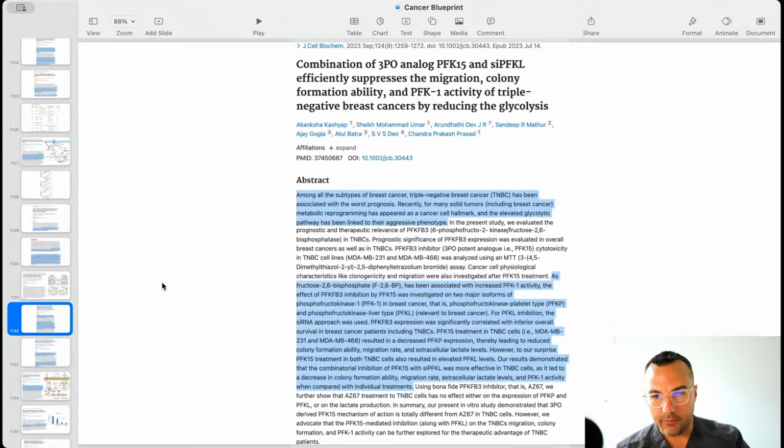For PFKL inhibition, the siRNA approach was used. PFKFB expression was significantly correlated with inferior overall survival in breast cancer patients, including triple-negative breast cancer. So it's basically all breast cancer. It's just including triple-negative, which is one of the more difficult ones for conventional medicine to treat.